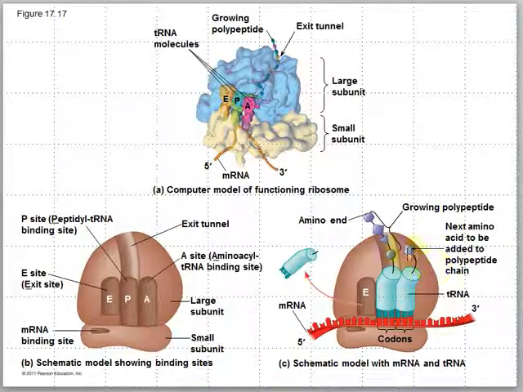And then here we have a schematic model showing the whole process. The A site is where the transfer RNA brings in the amino acid. The P site is where it gets added to the chain. And the E site is where that transfer RNA then leaves and goes and finds another amino acid.